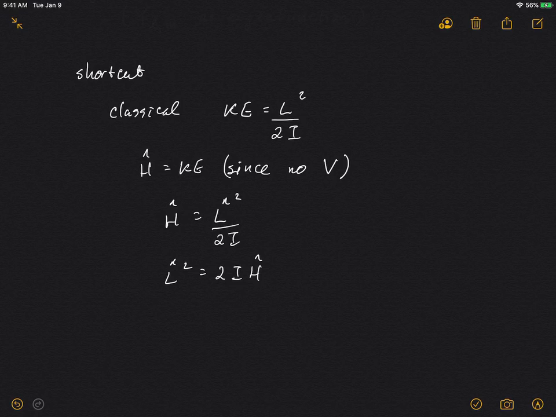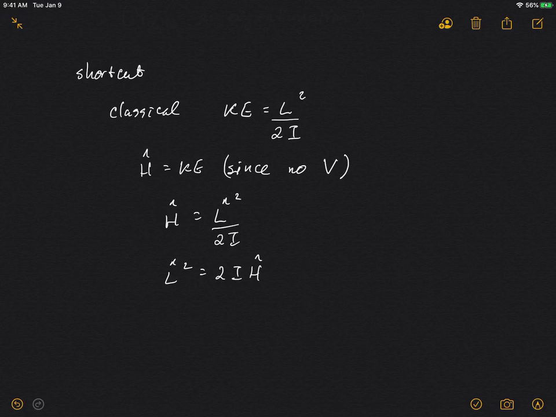And remember, I is nothing complicated here. It's just mu r squared, and r is fixed. It's constant for this system. It's going to vary from system to system, but if we're sticking within one system at a time, then it's a constant.